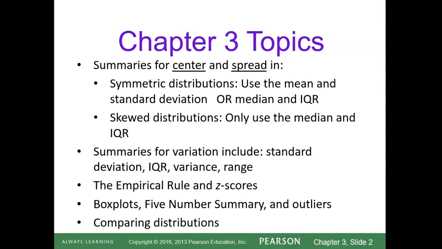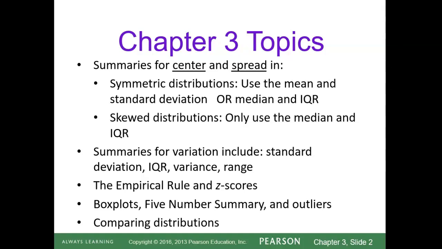I'm going to start our discussions on chapter 3, which is about computational statistics, things that we'll now start to measure or look at when we want to calculate numbers to go along with the graphs that we have already been looking at and discussing today.